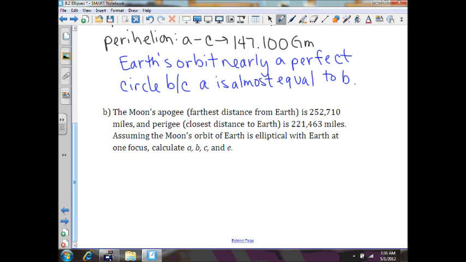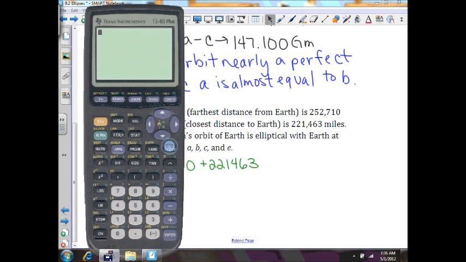So that means then that my major axis will be 252,710 plus 221,463. We're going to divide that by 2 to find our a value.